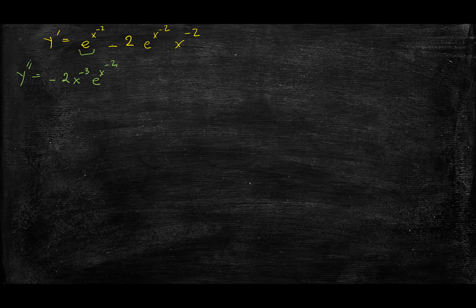Okay, so if you have this, then for the second part, I'm just going to keep the 2 outside. And then now I have a product rule between these two guys. Again, I know the derivative of the first guy, which is negative 2 x to the negative 3 e to the x to the negative 2.